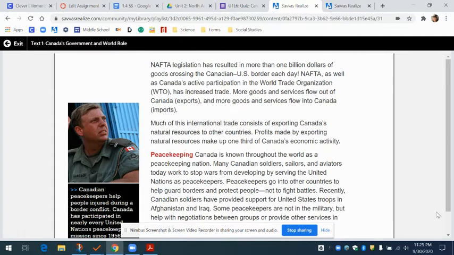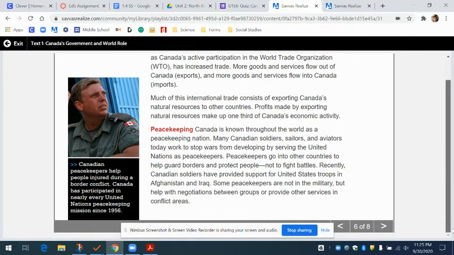Peacekeeping. Canada is known throughout the world as a peacekeeping nation. Many Canadian soldiers, sailors, and aviators today work to stop wars from developing by serving the United Nations as peacekeepers. Peacekeepers go into other countries to help guard borders and protect people, not to fight battles.